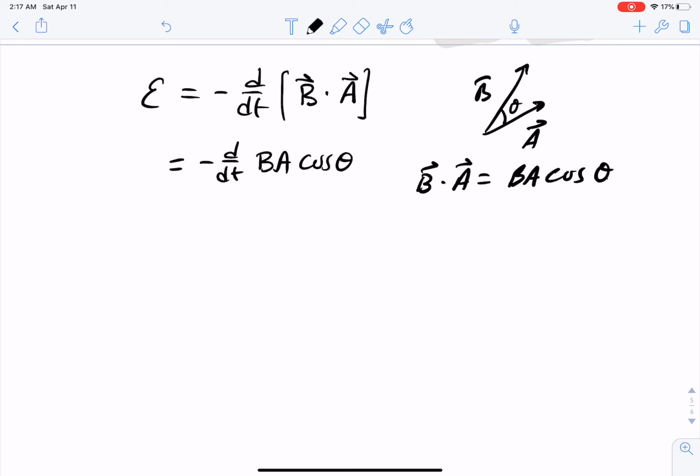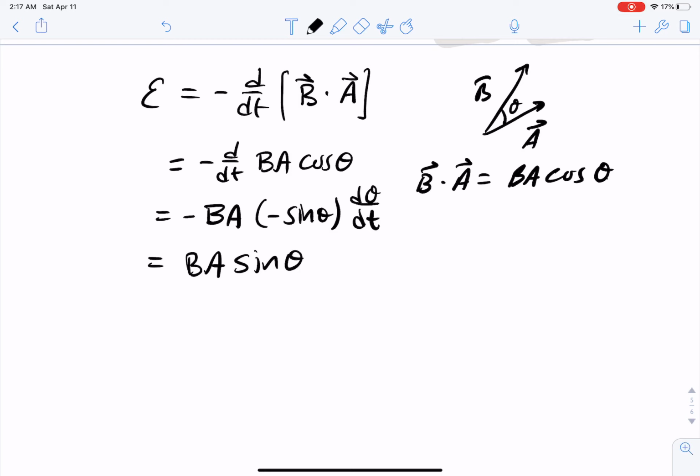Now, B and A are constant. The magnet wasn't getting nearer or farther from the loop. The area wasn't changing. So this is minus. We can take the B and A out in front, and then we just have the derivative of the cosine. This gives us a minus sine theta, and then d theta dt. So this is the rate at which the angle of that magnet was changing.